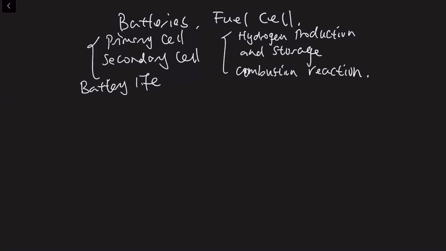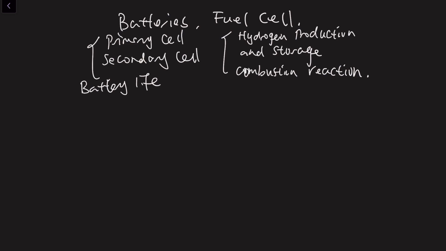In this video, we are going to talk about applications of redox reaction. Specifically, we are going to be discussing batteries and fuel cells. The batteries are separated into a brief overview of primary cell versus secondary cell, as well as some discussion regarding battery life.